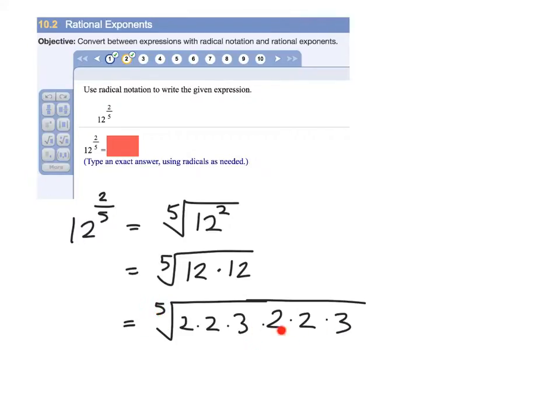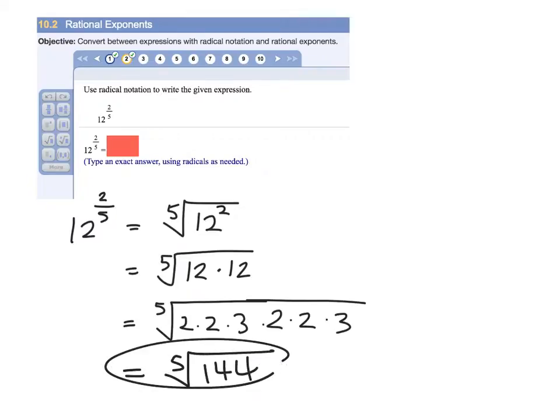Because if something shows up 5 times, I can circle all 5 of them and cross them off and take one out. But since nothing shows up 5 times, I'm just going to multiply these all back together again, and I'm going to get the 5th root of 144, and that should be our answer.